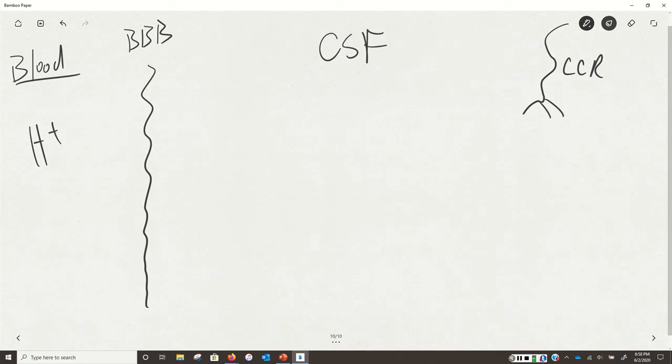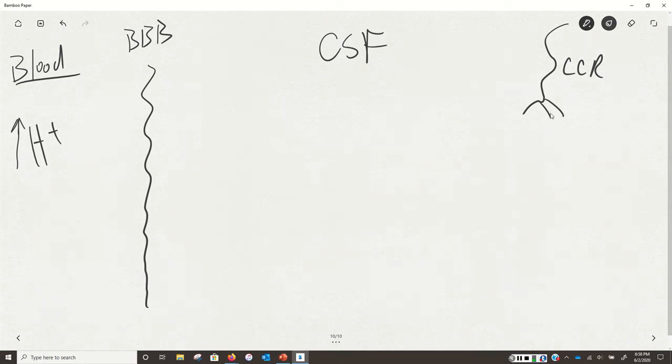Now, let's look at what happens when there is a buildup of H+ in the blood for any number of reasons. Well, we're kind of out of luck. Or if there was a drop in H+, we're kind of out of luck. Does anyone see the problem here? The central chemoreceptors detect H+. H+ rising or falling over here is in the blood.